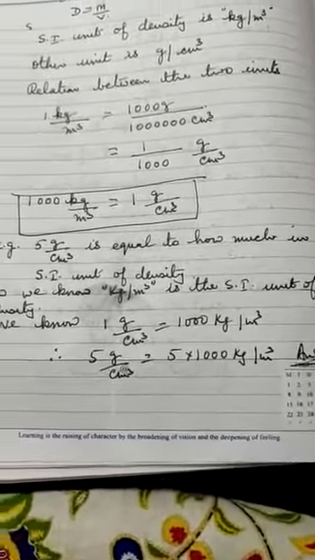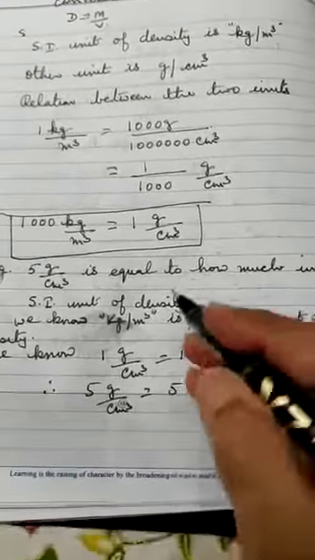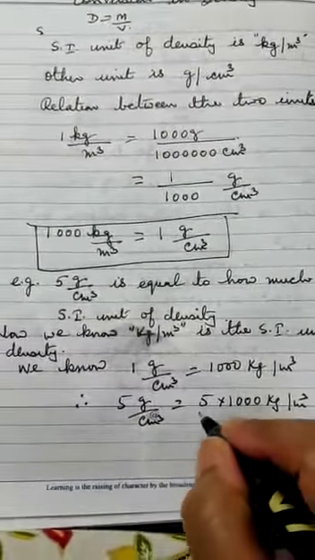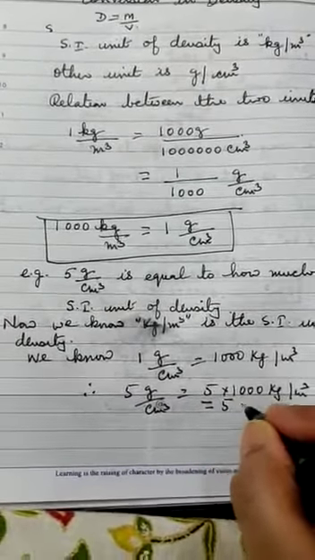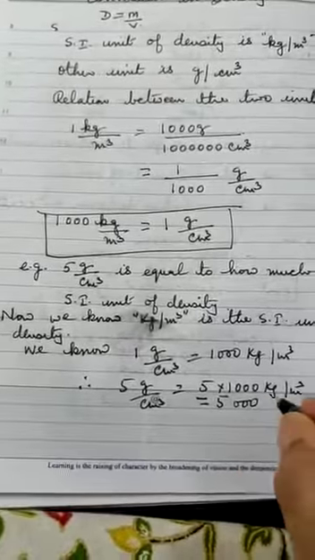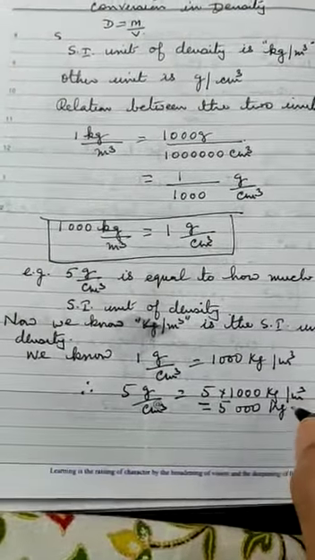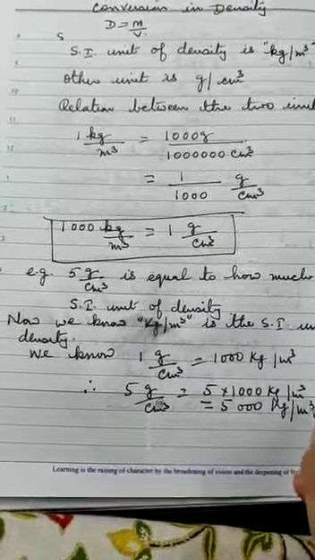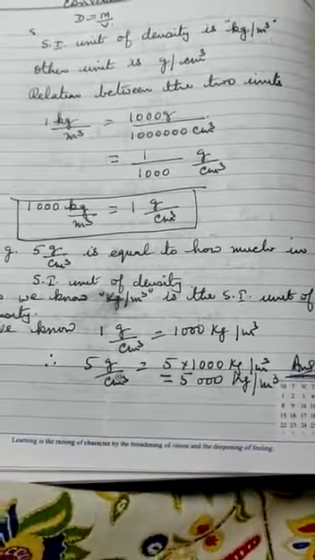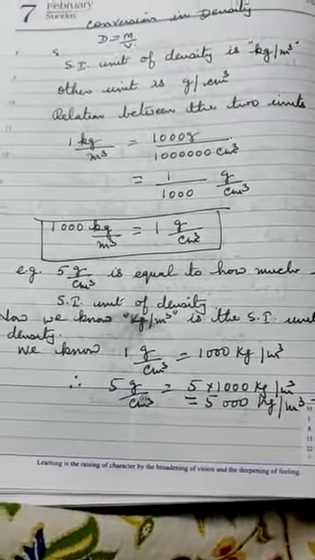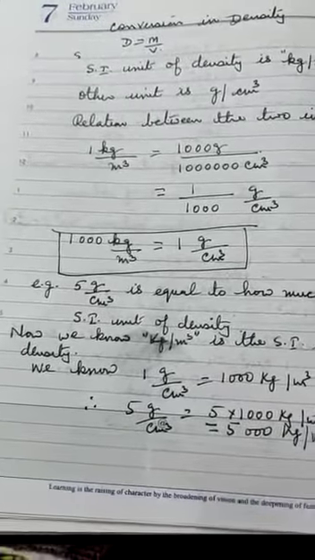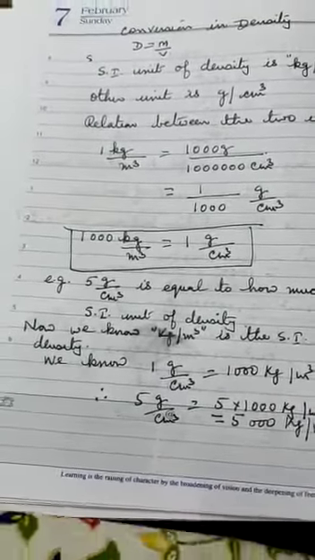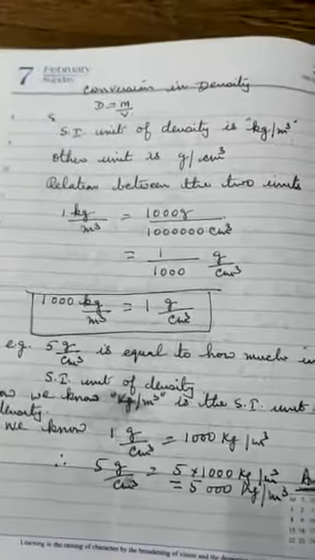So answer comes out to be, answer here will be how much? 5000 kg per meter cube. This will be the answer. So this is how the relation between these two units can be taken.